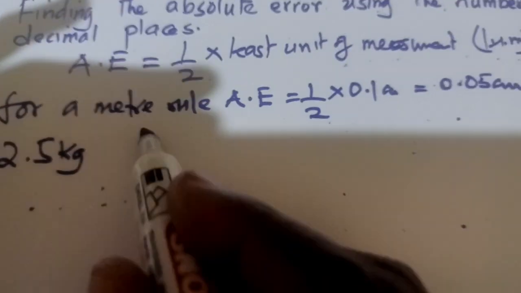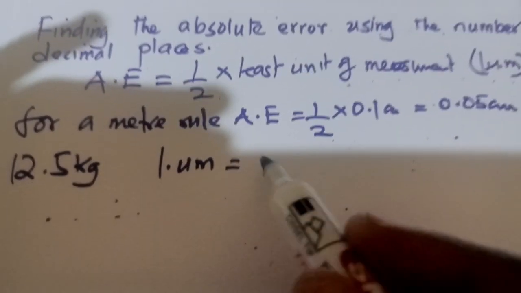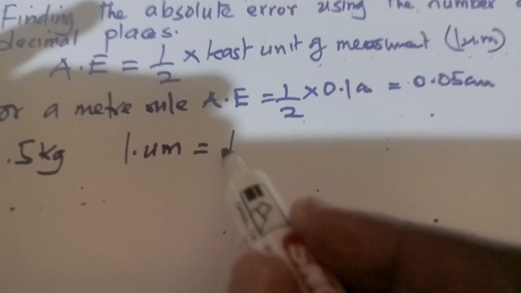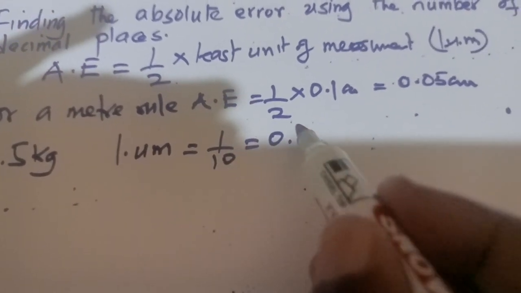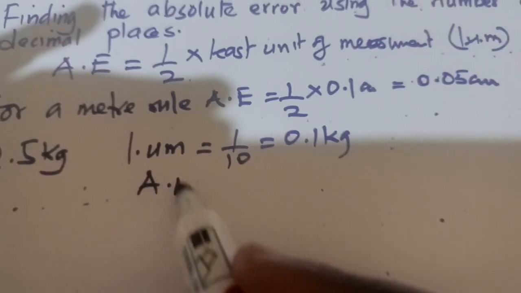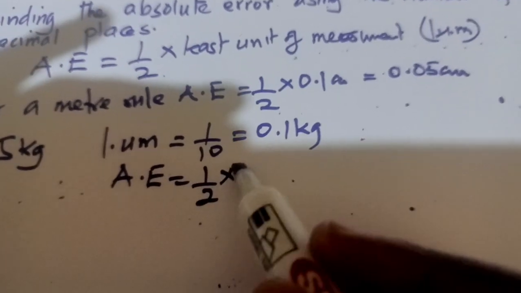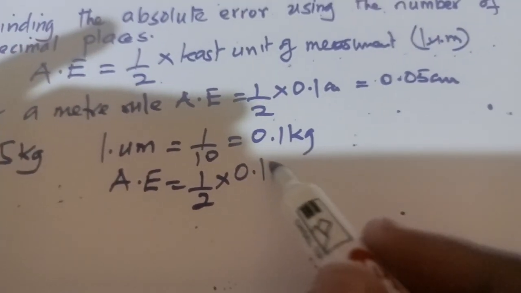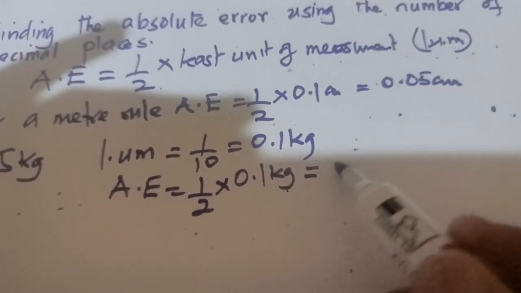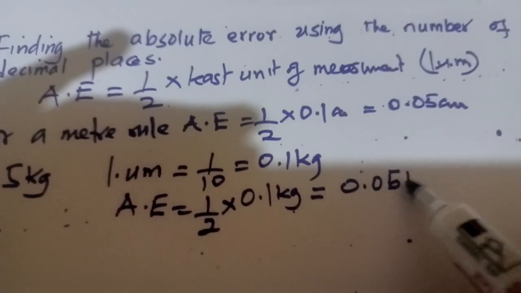So in that case, our least unit of measurement is the tenth of a kilogram, and a tenth of a kilogram, of course, is 0.1 kilogram. And therefore here our absolute error becomes a half of the least unit of measurement, which in this case is 0.1 kilogram, and the absolute error is 0.05 kilogram.